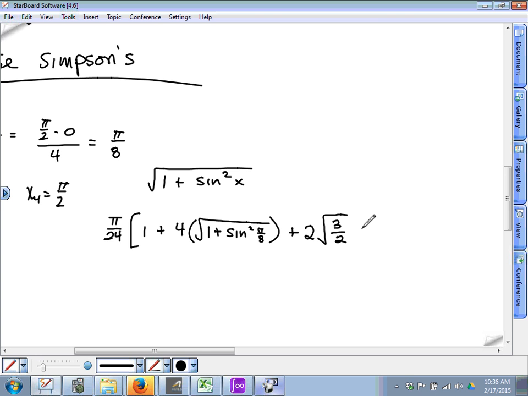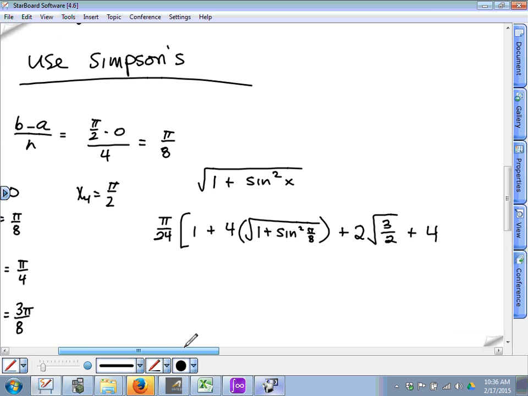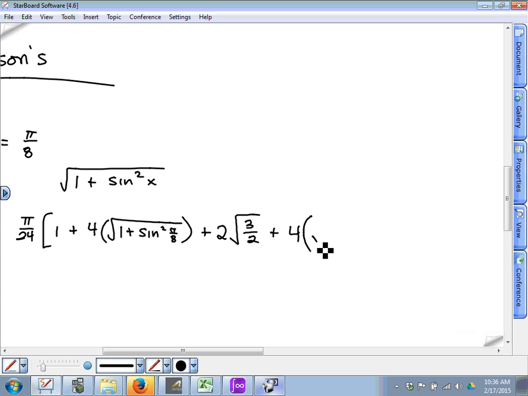Now we've got plus 4, another plus 4. This is now x sub 3, which was 3pi/8. So I'm just going to leave that for right now as the square root of 1 plus sine squared of 3pi/8, plus, what's the sine of pi/2?